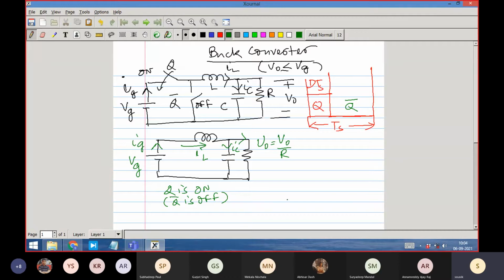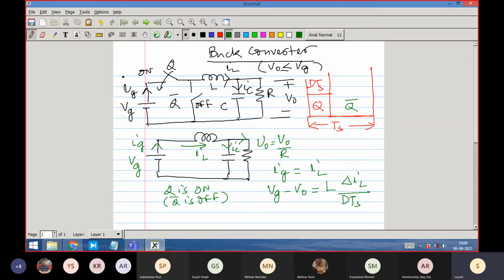During this situation, Ig is equal to IL. The inductor current is now coming from the input, and the voltage across the inductor, Vg minus V naught, is equal to L into delta IL by the on time, DTS.